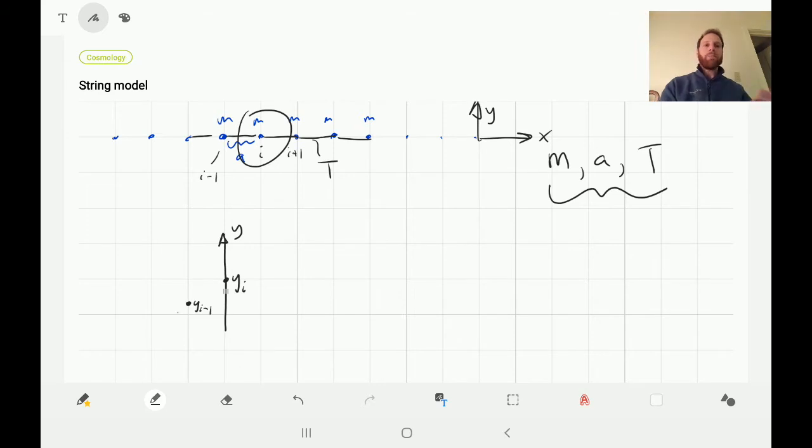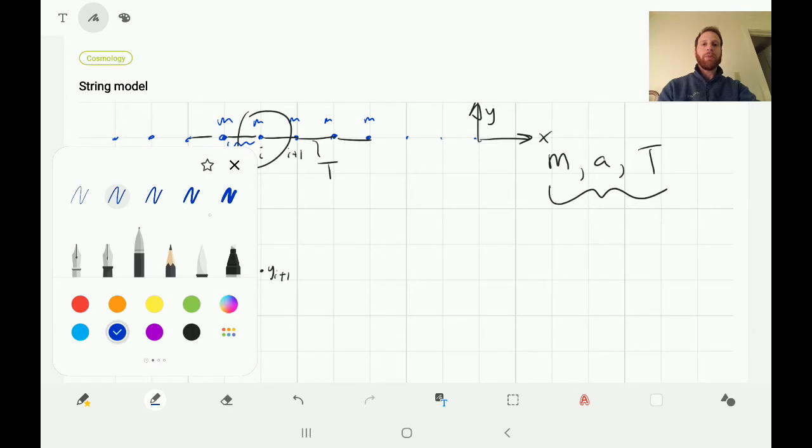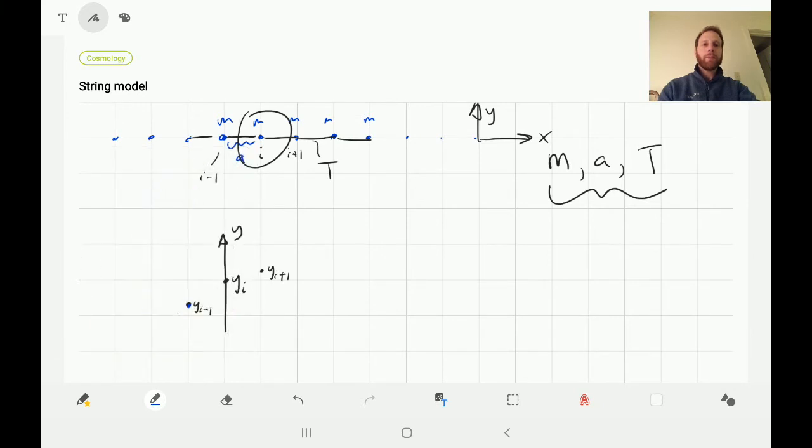And there's the i plus 1th mass, which is somewhere else at some other arbitrary height, and I'm going to try to represent that like, maybe like this. They could be below, they could be above, but this is at least a concrete example. And of course I should have made them blue, but I think you get the idea.